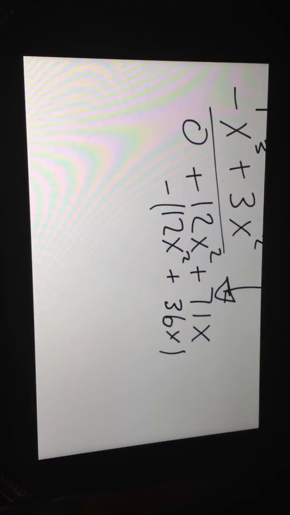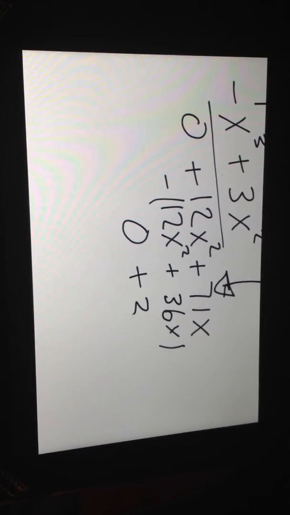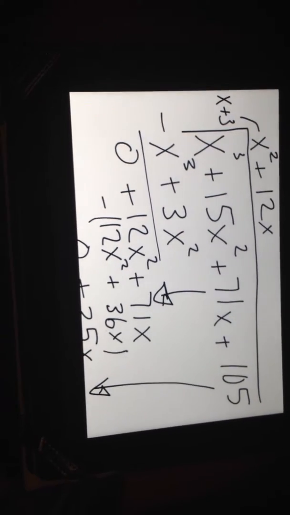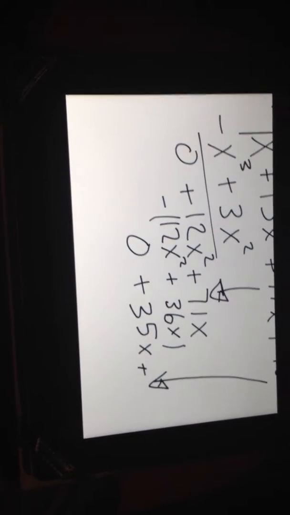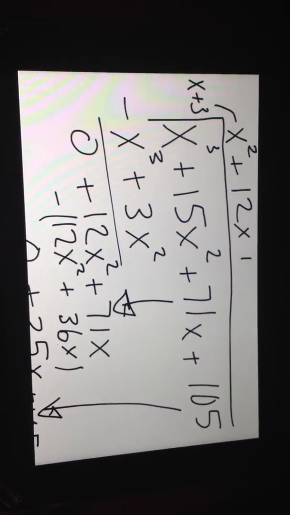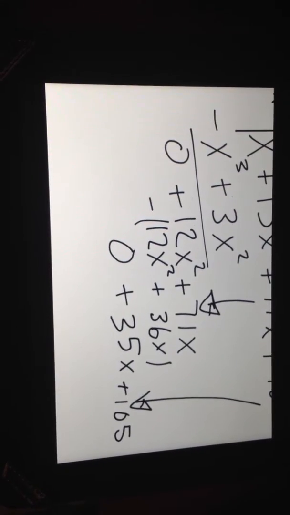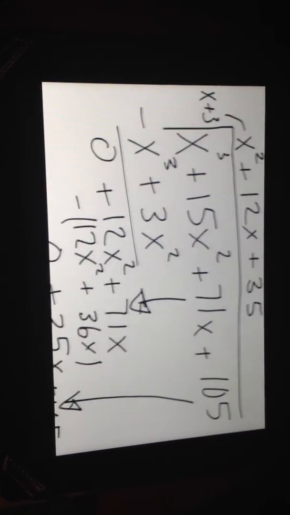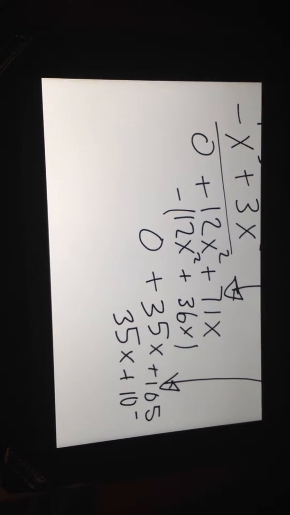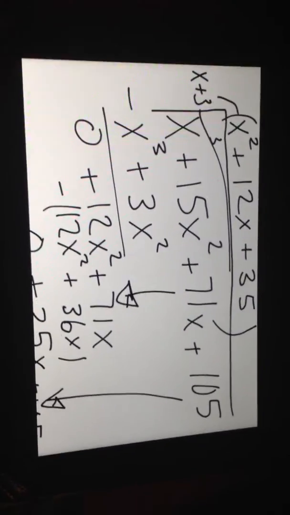Minus it, which gives you 0. Drop down the second term, which is 105. Times 35 equals 105. And there's no remainder, so now we're left with this equation up here.